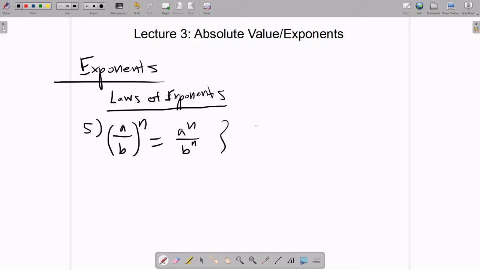Your example of that will be 3 over 4 squared is equal to 3 squared over 4 squared, which will be 9 over 16. Alright, so that pretty much concludes all the law of exponents for now.